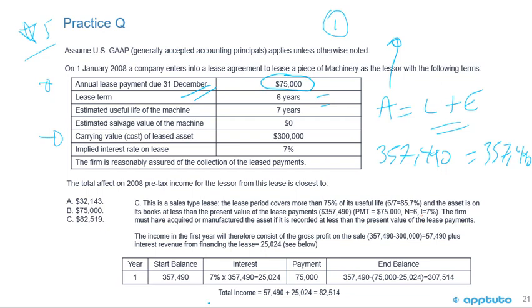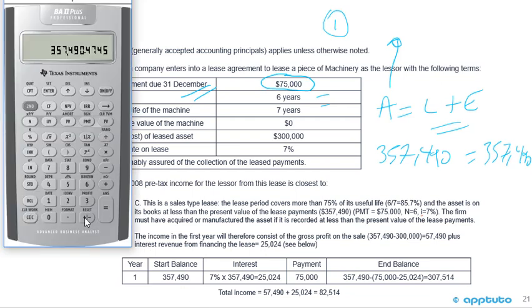So again, if you're good with your calculator keystrokes, I hit the plus or minus key, and the interest rate is 7% times that. We know what the interest expense is going to be for the lessee. It's going to be $25,024. We can calculate that fairly quickly.